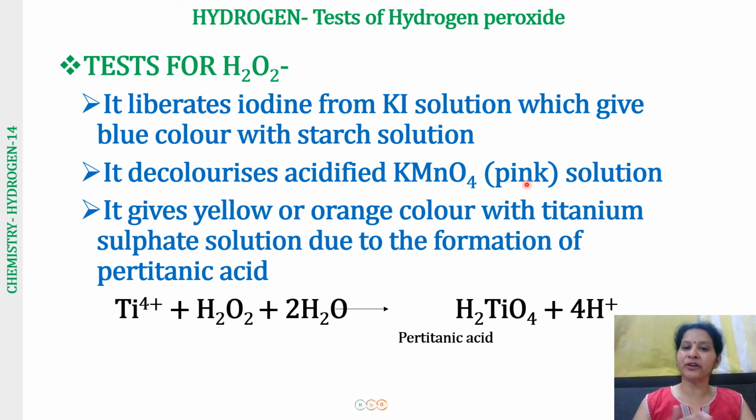One reaction which we have not done previously is that it gives yellow or orange color with titanium sulfate solution due to the formation of pertitanic acid. So titanium ions plus H2O2 plus water form H2TiO4, that is pertitanic acid, which has a yellow or orange color, and this also confirms the presence of hydrogen peroxide.